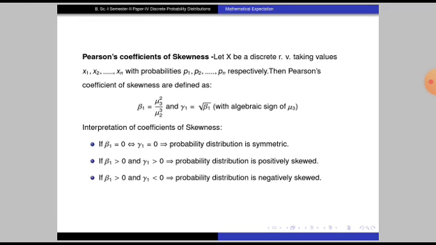And also we are interested in the height of the frequency curve.